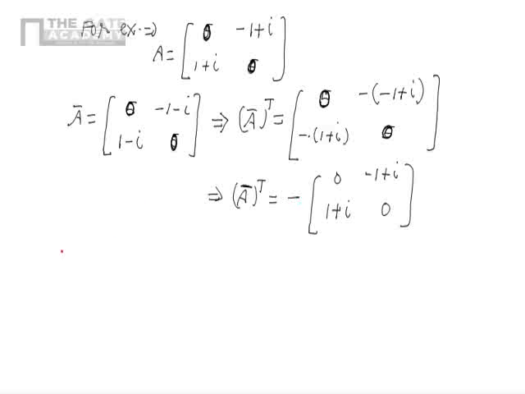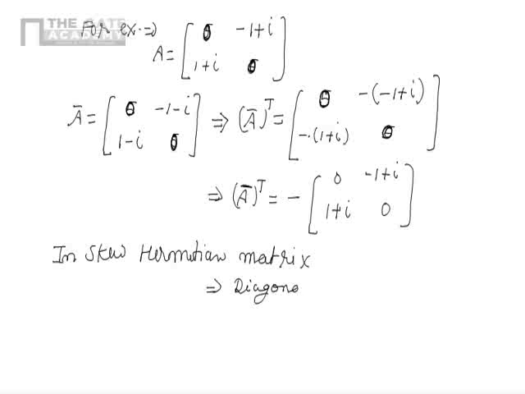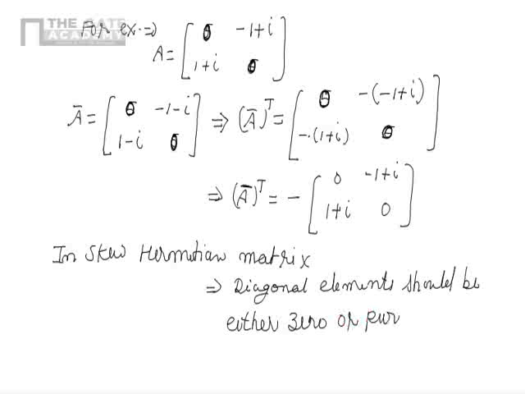So in the skew Hermitian matrix, diagonal elements should be either 0 or purely imaginary.